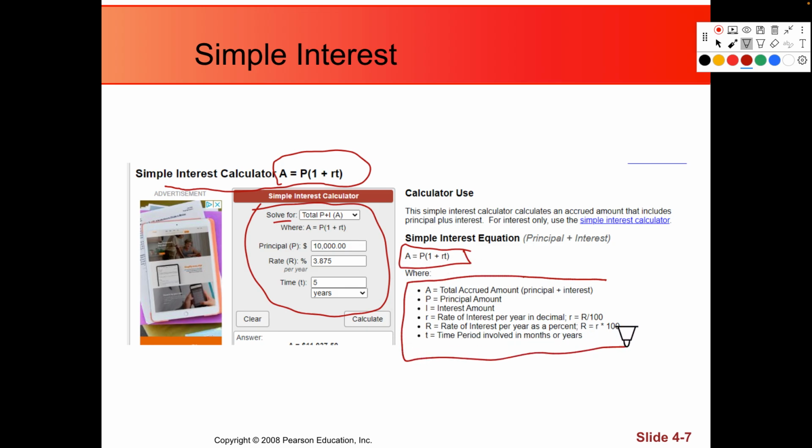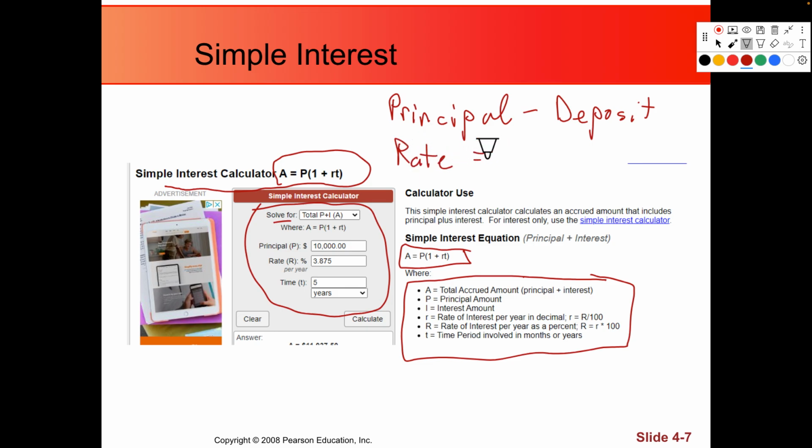So every investment, whether simple or compound, will involve a principal, which is the amount of deposit into the account, the total amount in there. There may also be payments. We'll see the simple interest doesn't include payments, but we'll have payments. There's always a rate, interest rate, and that's usually a percentage.